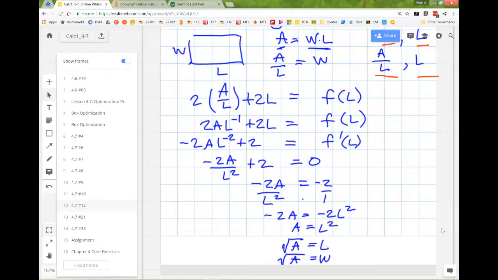So I can see how I got L equals the square root of A. Where did I get W from? Well, you could just come back up here to this point, and put a square root of A here. Let's just write that out.